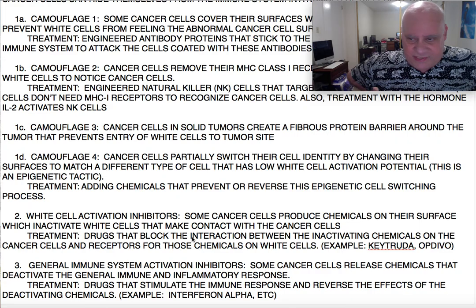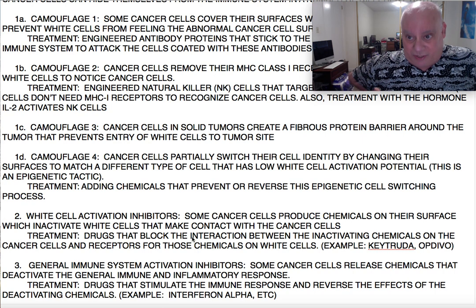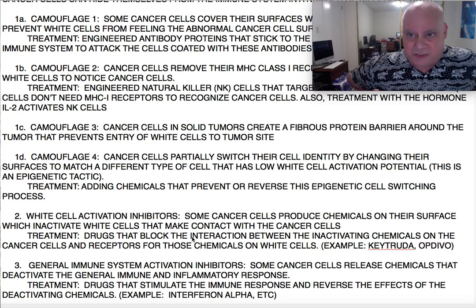And then we've discovered another way that cancer cells protect themselves. Some cancer cells secrete chemicals that actually block what are called cytokines, which are immune cell activator chemicals. These are just general activation chemicals for the immune system. And there are certain cancer cells that release chemicals that block those immune activators.